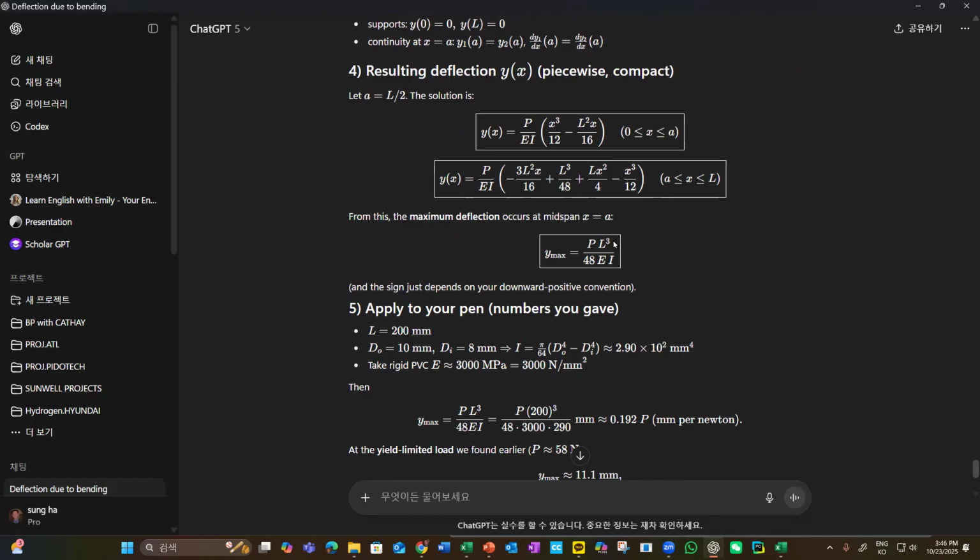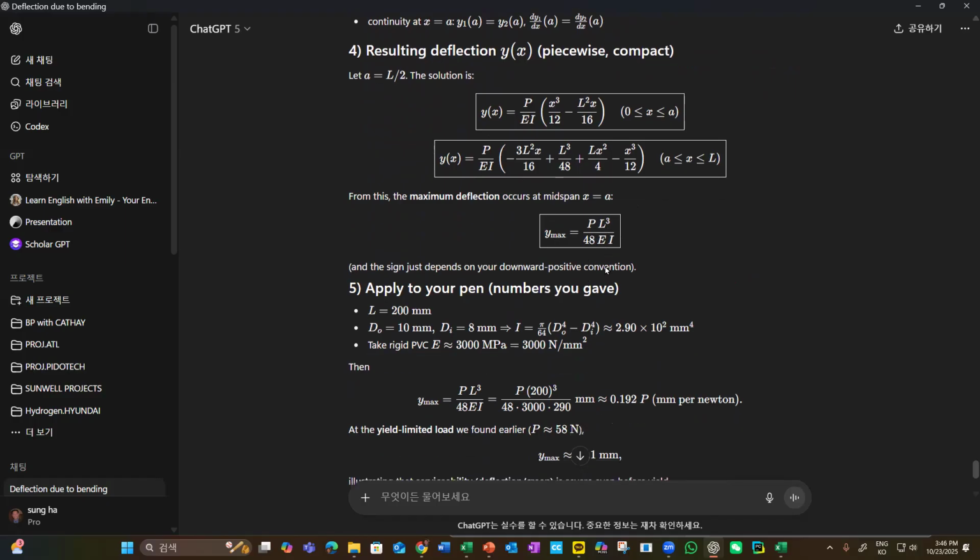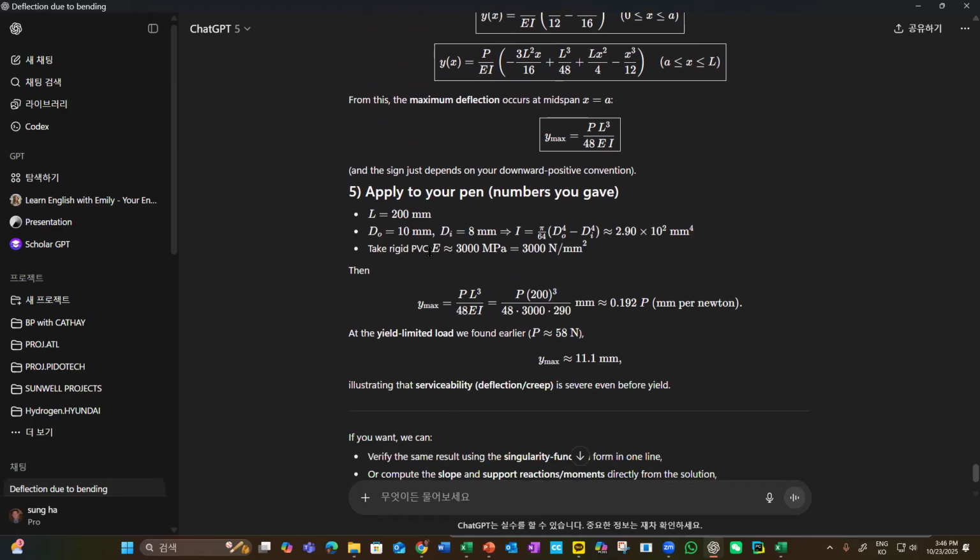Maximum deflection is given like this: delta equals PL³/48EI. And applied to the span, we specified the length L equal to 200 millimeter, D0 10, Di 8.